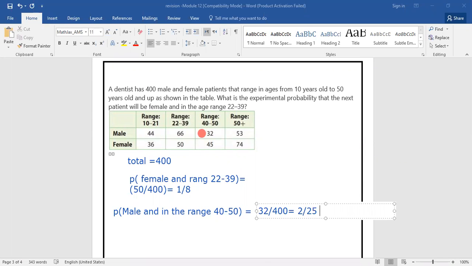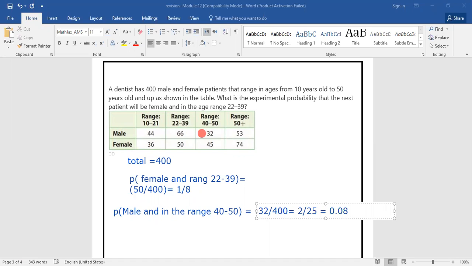If I want to represent the data as a decimal, 32 over 400 gives 0.08.